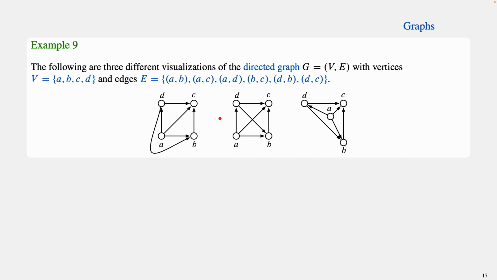So these are not distinct graphs, but they're actually all the same. And this is a very simple example that demonstrates that there are different ways to visualize an abstractly defined graph, defined by V and E, and that not all of these visualizations are aesthetically pleasing in the same way.